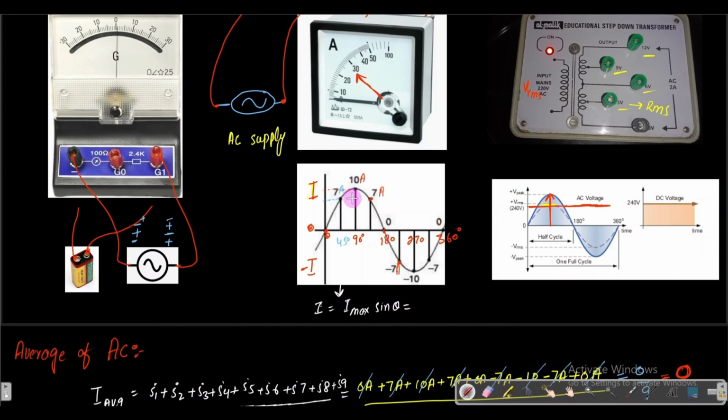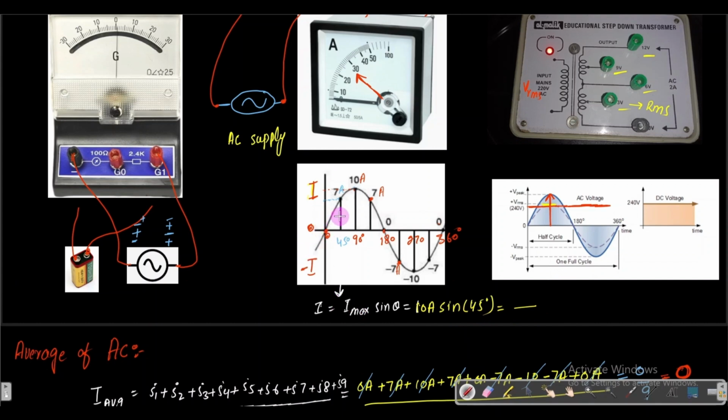Here the maximum current in this case is 10 ampere, so instead of I max I put 10 ampere into sine theta. At whichever angle you are interested in finding the instantaneous value, you put that here. I'm interested in the instantaneous value at 45 degrees, so I put 45 degrees, and it gives us a scalar value, which is the instantaneous value.